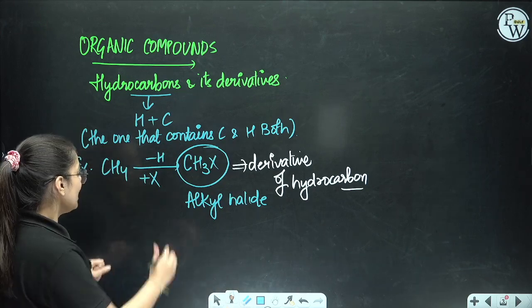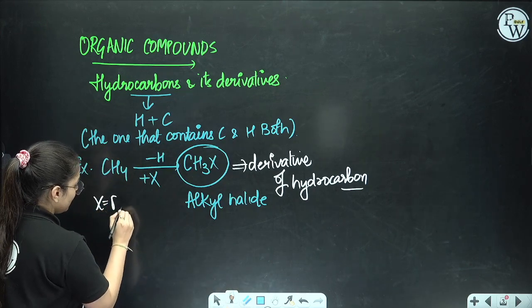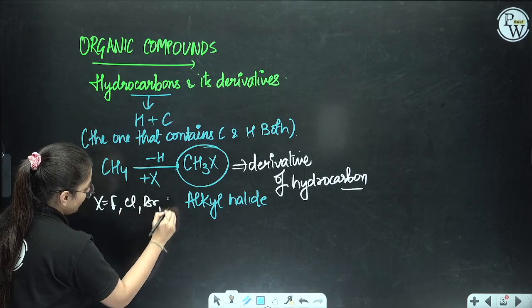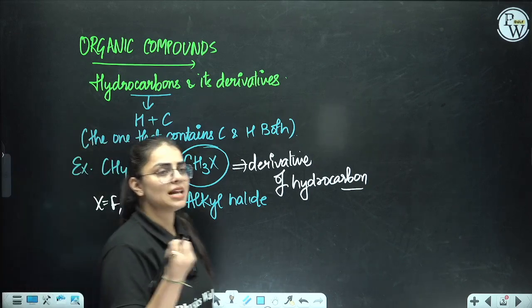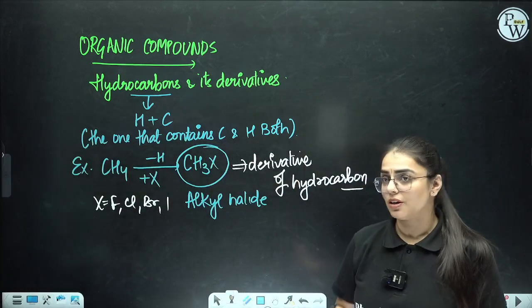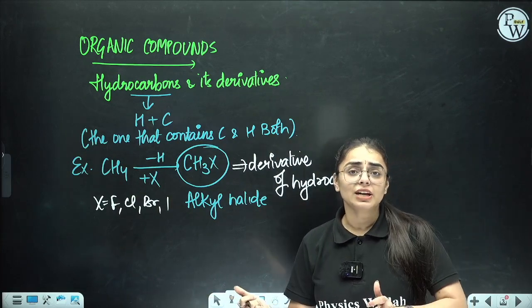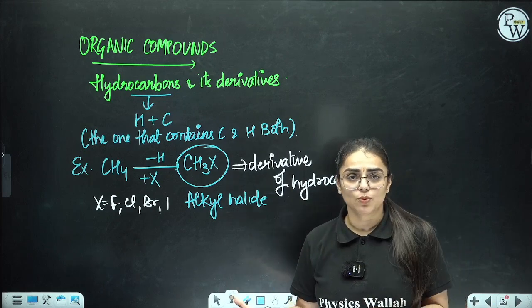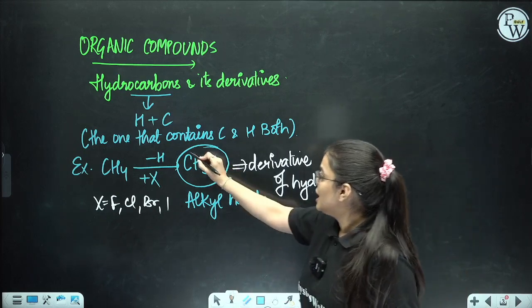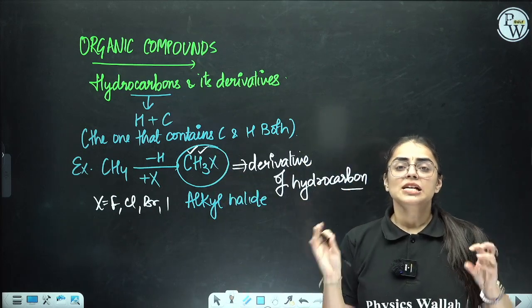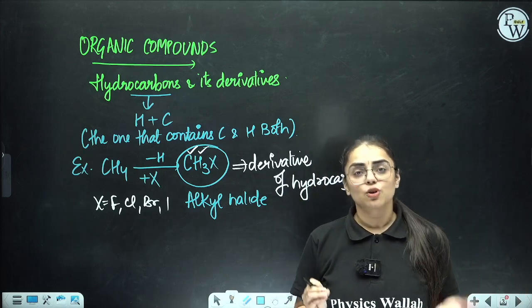Here you can take X as fluorine, chlorine, bromine, iodine. Now many of you will say, ma'am, let's take an example: we are adding OH by removing one hydrogen. This also creates a derivative. When you remove one hydrogen and add another group, that is a derivative. But it contains carbon and hydrogen both, no? So this satisfies the rule that it is a hydrocarbon.